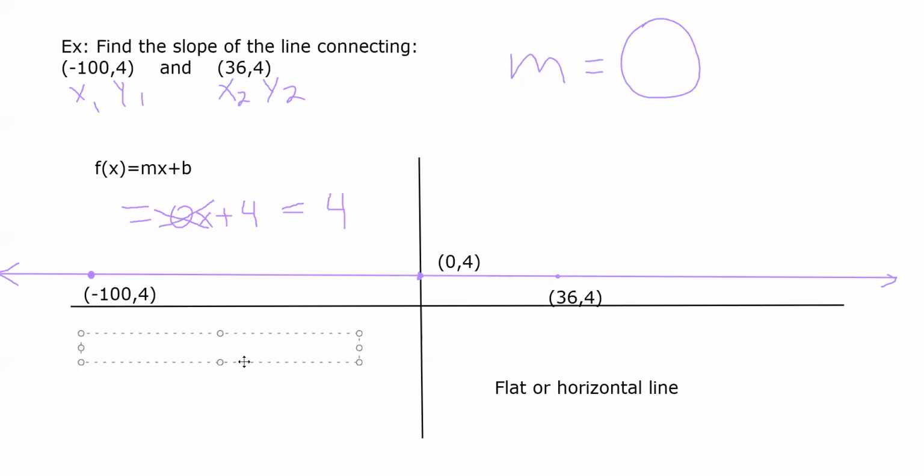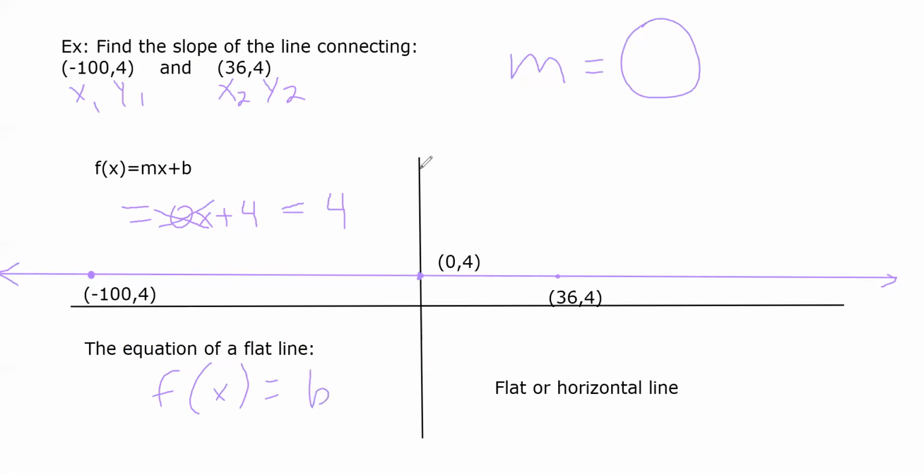Put another way, the equation of a horizontal, or I'll just say a flat line, is going to be f of x equals some constant, b, where b, remember, is the same b as up here. It's the y coordinate of the y-intercept over here.